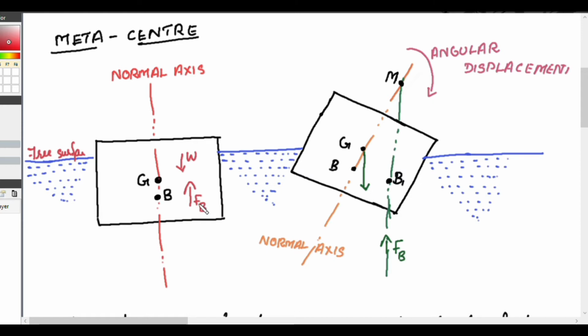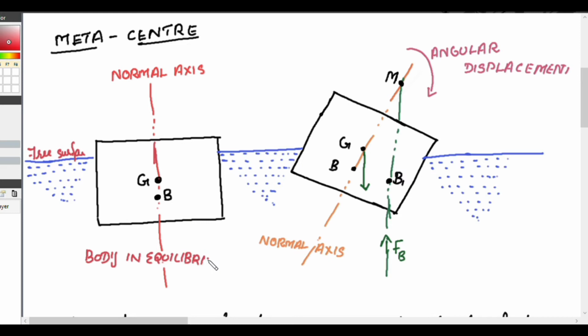In other words, both act along the normal axis. In this diagram the body is in equilibrium.